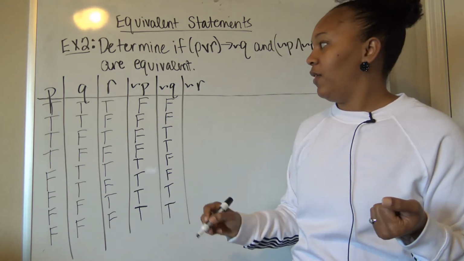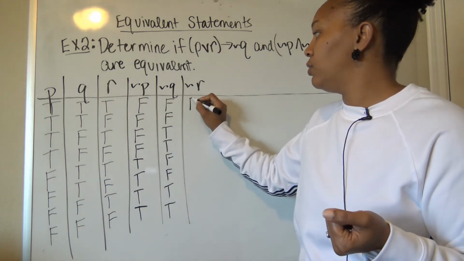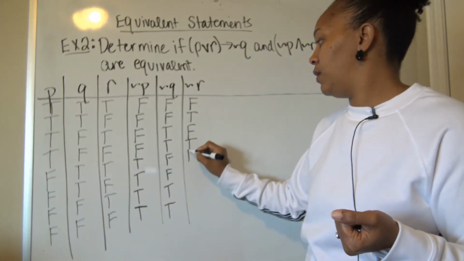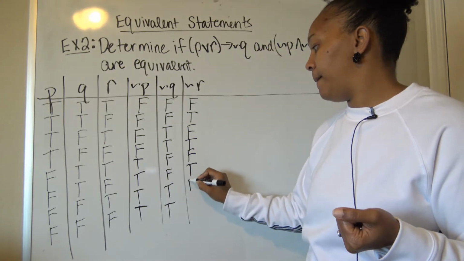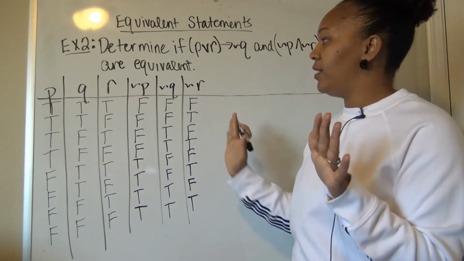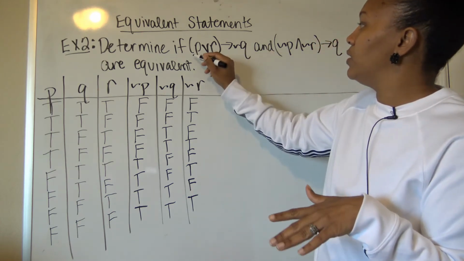Then the negation of R would be false, true, alternating. Okay, so I have the negation of each one. Now I'm just going to start with this very first one.